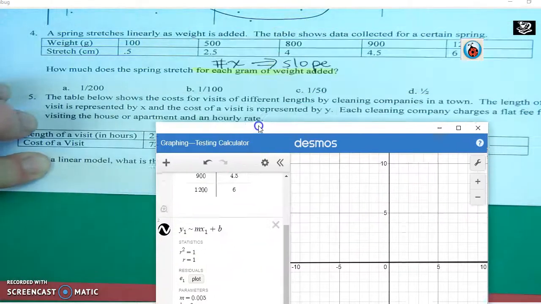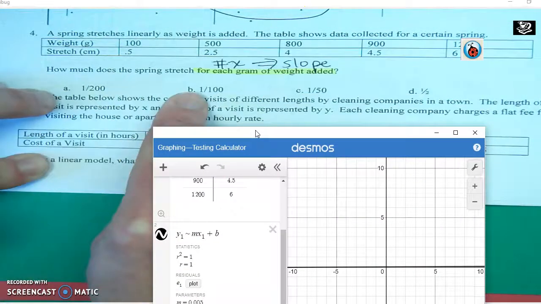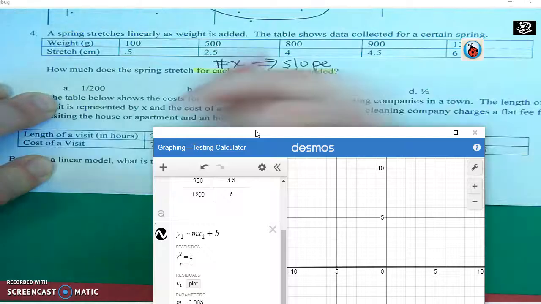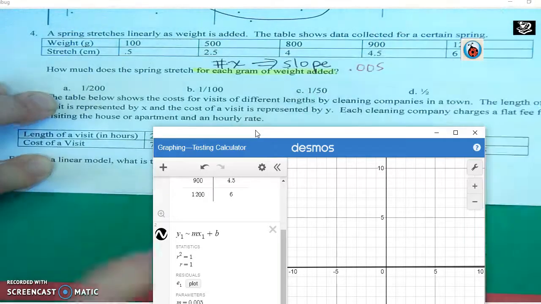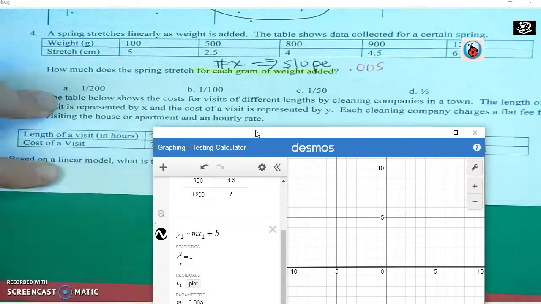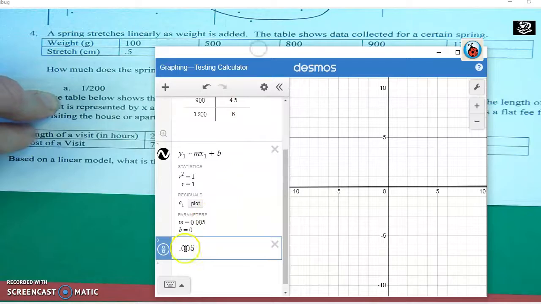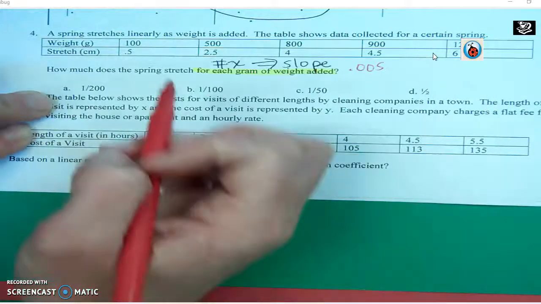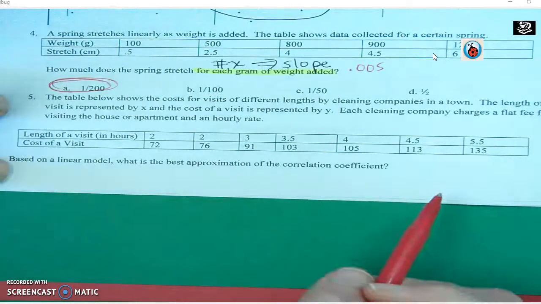Sorry, let's look first at our answer choices. Is 0.005 an answer choice? No, it is not. All the answers are in fractions. So Desmos will turn it into a fraction. You just have to type it in again and hit the fraction circle. You get 1 over 200, which is A.